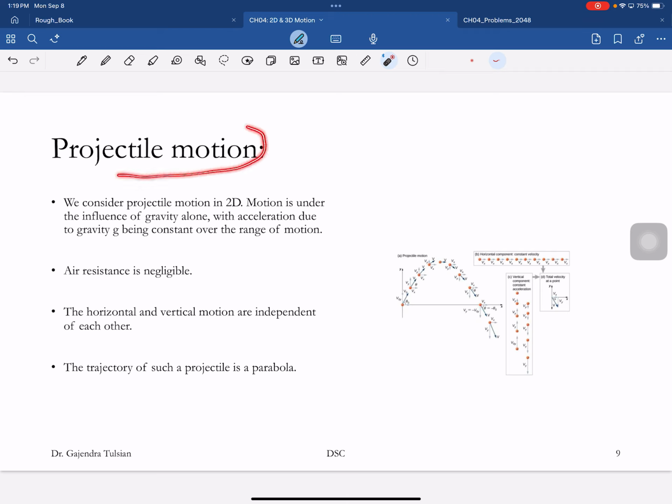So when we're talking about projectile motion, the only relevant force is gravity. Air resistance is negligible. The horizontal and vertical components are independent of each other.